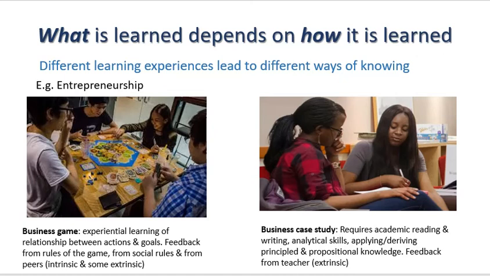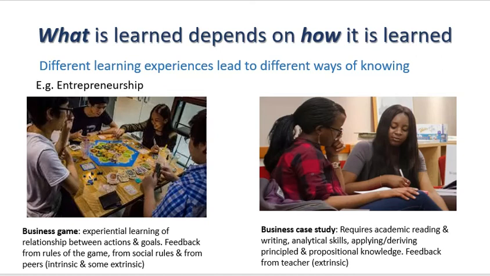So different learning experiences lead to different ways of knowing. For example, if you want to deliver a qualification on entrepreneurship, one of the learning activities could be around a game to do with entrepreneurship.